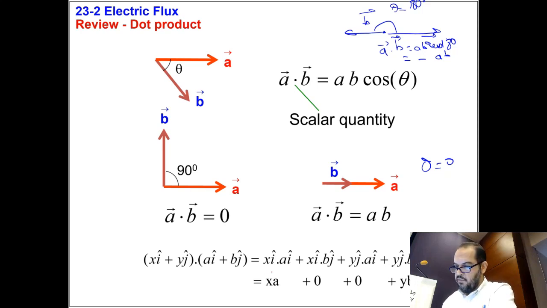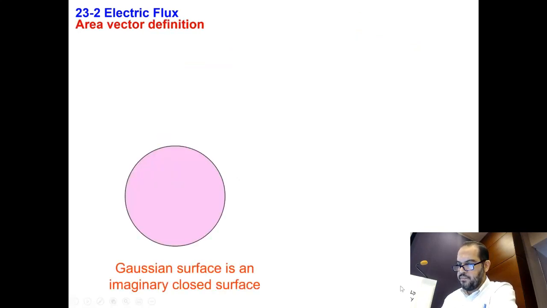So this will give you x times a plus 0, because i dotted with j is 0, and j dotted with i is 0, plus y times b. So the easiest way to do the dot product is to write your vectors in unit vector notation, multiply the x components together, the y components together, and add. This is an easy way of determining the dot product.